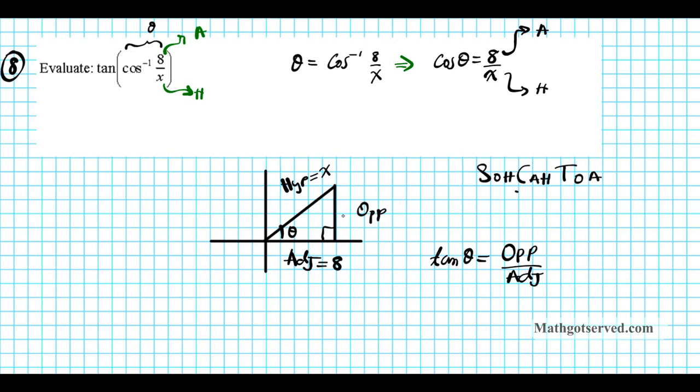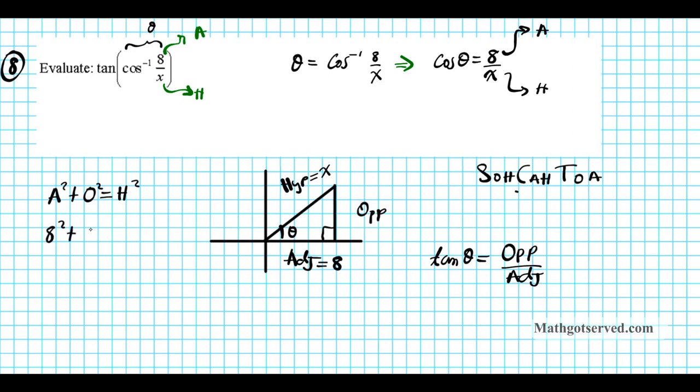Now, how do we find the opposite? We just simply use the Pythagorean theorem, right? So I'm going to use the trig variation of the Pythagorean theorem. Adjacent squared plus opposite squared equals hypotenuse squared. Alright, so let's plug in what we know. We know that adjacent is 8 squared.